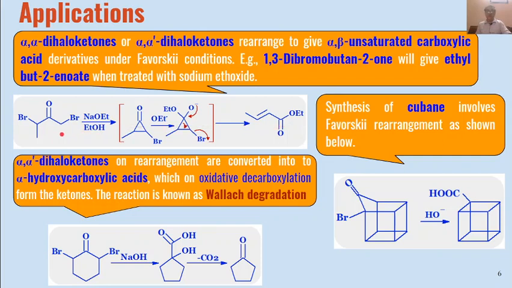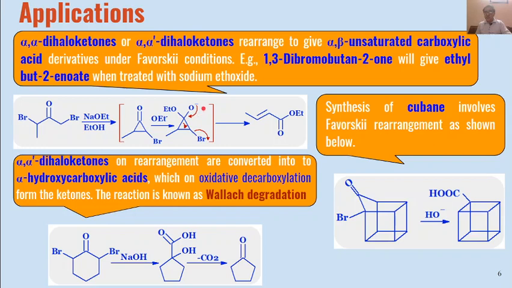So for example, in this case, alpha-alpha dash dibromoketone. In the first step we will get a carbanion formed, and then that carbanion will eliminate the bromo at this place, and we will get this type of unsymmetrical cyclopropanone derivative. Then the base will attack this carbon, and we will get this type of intermediate, and then this will undergo elimination.